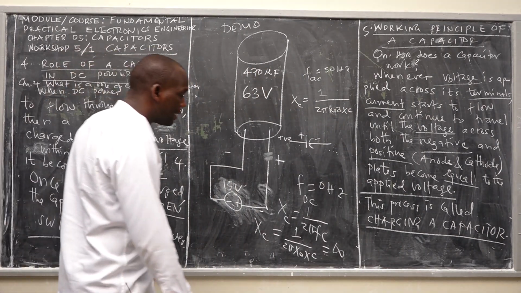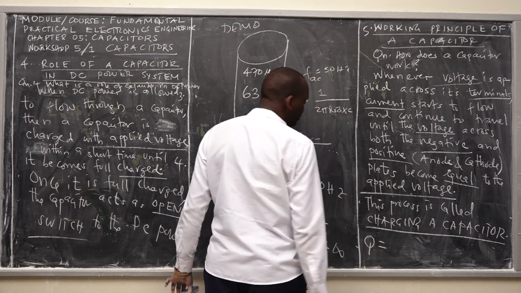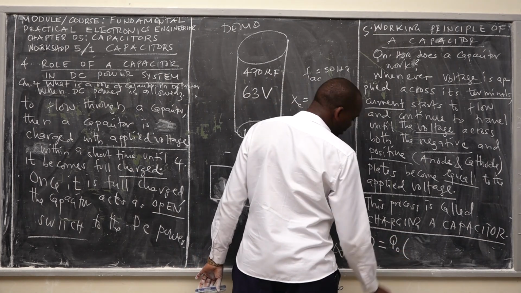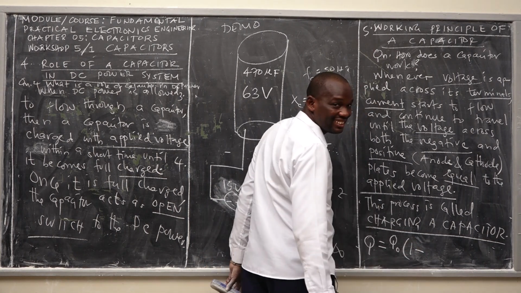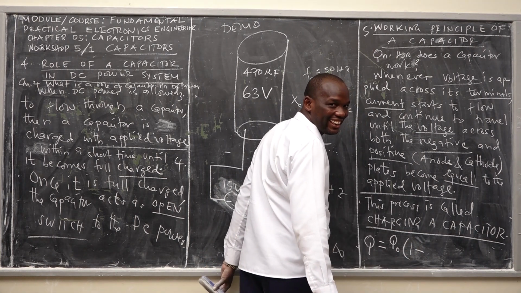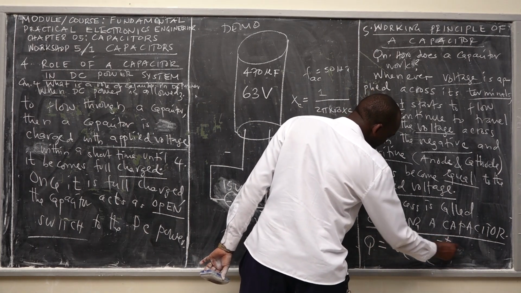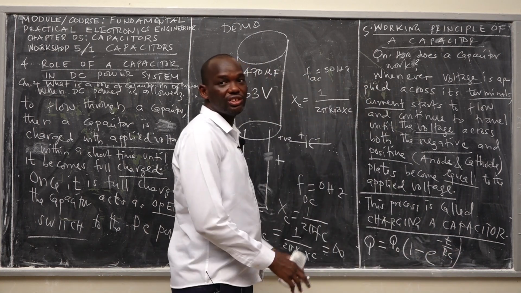So if you do remember, we have a formula for the quantity of charge: Q equals maximum quantity of charge, open bracket, 1 minus e to the power negative t over RC. What is this?